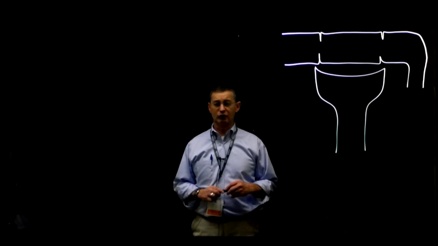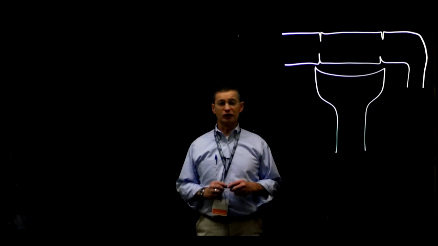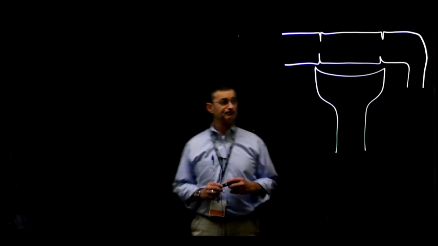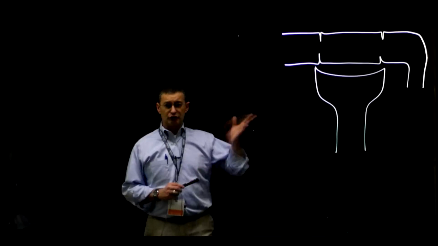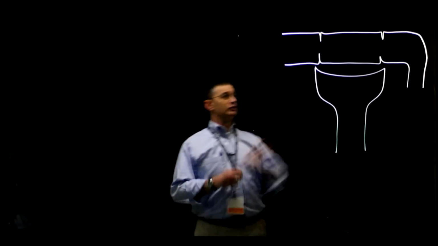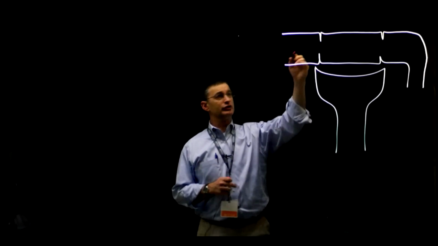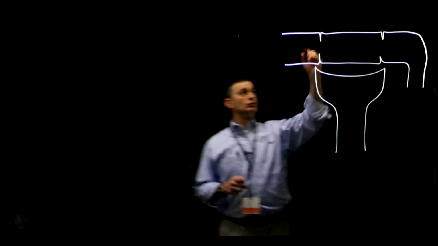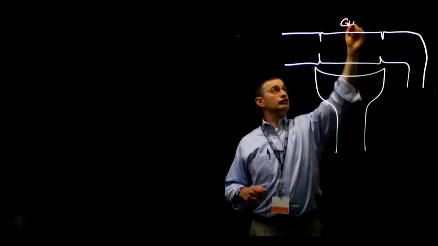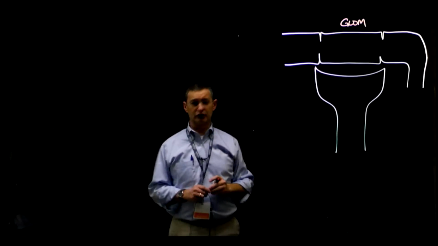We're going to embark on that using some of the principles that we've already learned about from the standpoint of Starling forces, by moving to the concepts of glomerular filtration. Now, I've put a schematic on the board here, and let me take you through it again. It is a schematic of the glomerulus, where the glomerulus is very similar to the capillary systems that we've talked about in the systemic circulation.